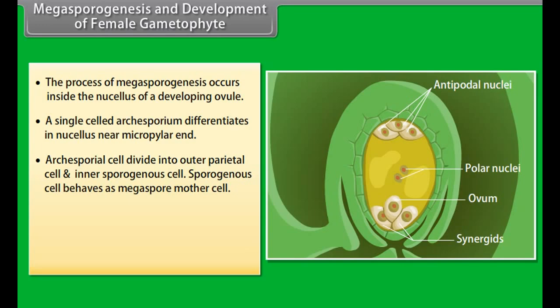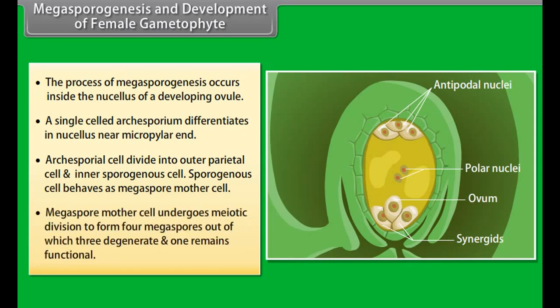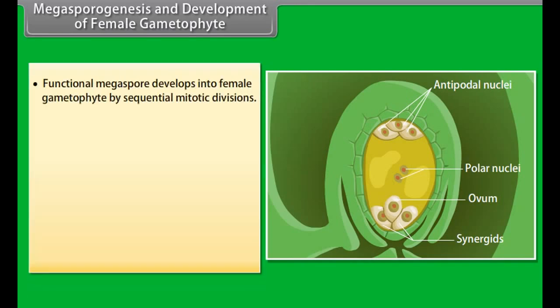Sporogenous cell behaves as megaspore mother cell. Megaspore mother cell undergoes meiotic division to form 4 megaspores, out of which 3 degenerate and 1 remains functional. Functional megaspore develops into female gametophyte by sequential mitotic divisions.